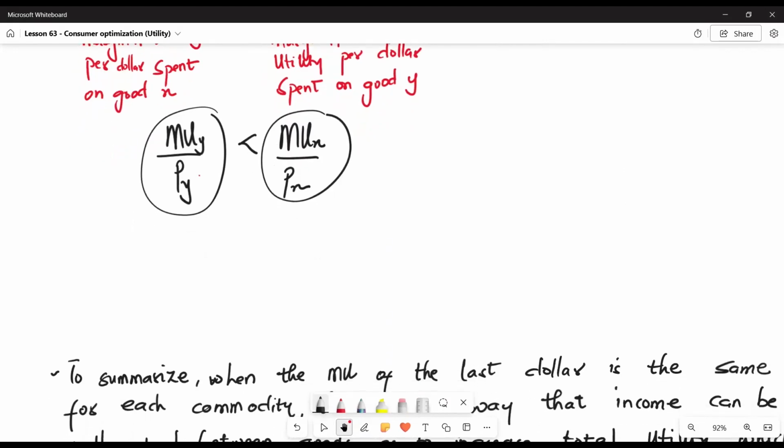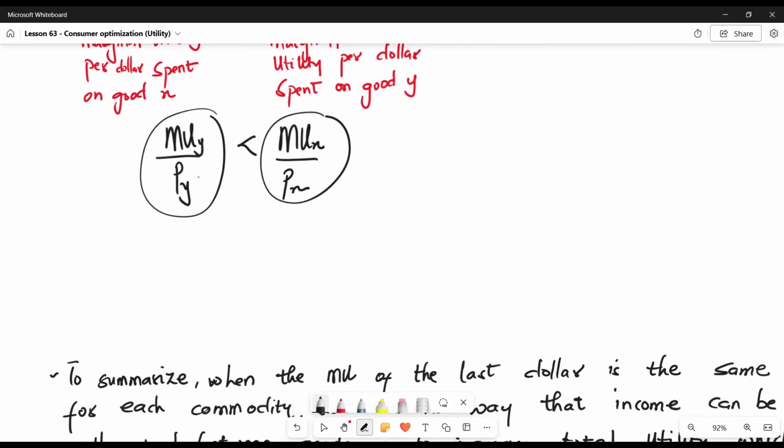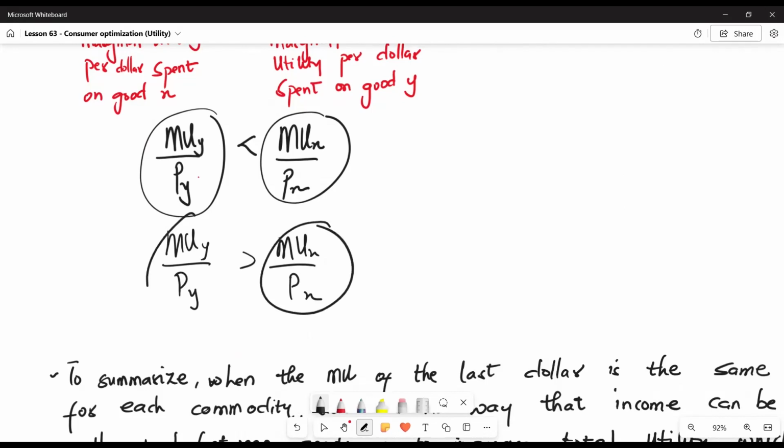Similarly, if the consumer were at a point where MUY over PY is greater than MUX over PX, he could increase his utility without spending more money simply by switching a pound away from X to good Y.